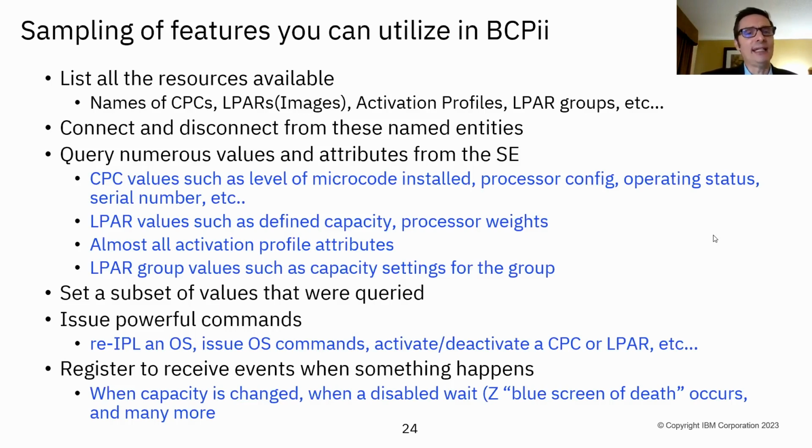So I can list all those resources available. I can connect to one or more of those entities so that I can then query a bunch of values. For example, I want to see what level of microcode I have installed on my hardware. I want to know what the processor configuration is, the operating systems and the status of each of the LPARs, all the LPAR values, defined capacity, processor weights, all the activation profile attributes, LPAR group values, etc.